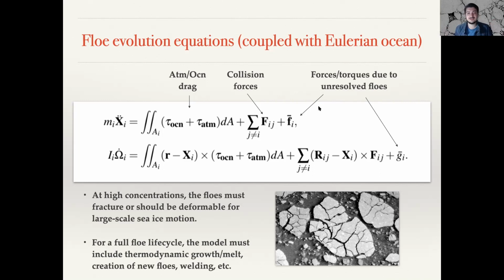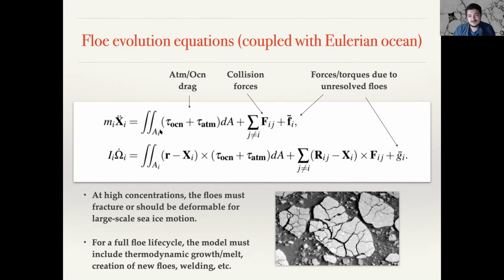Those models are written on a Eulerian grid, so there is some sort of mapping that needs to be done. But regardless of mapping, we basically have Newton's law written for each particle, and we have atmosphere and oceanic drags that come in as surface integrals over the area of the floe.